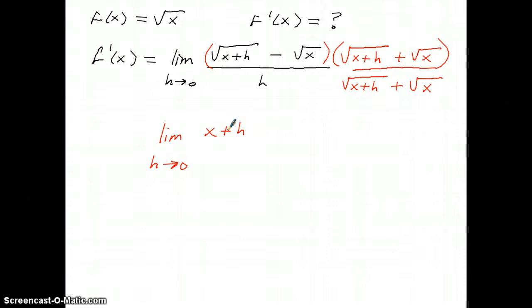And then we have to multiply the back there, which is going to give us a minus x. And this is all over h times the square root of x plus h plus the square root of x.